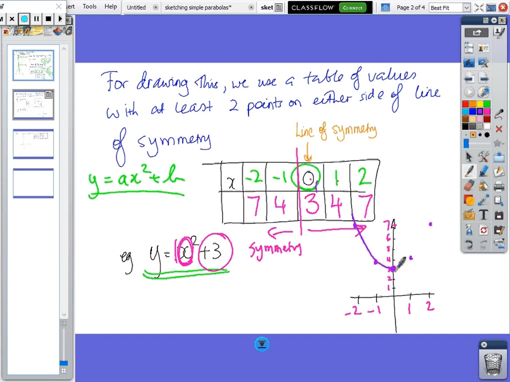Then just draw your cup, and do arrows on either end. Don't forget to label the axes. So we've got a symmetrical parabola. It's symmetrical about x equals 0 for this type, and the easiest way is just to do 1, 2, minus 1, minus 2, and plug in the values. So copy that and come across when you're ready.